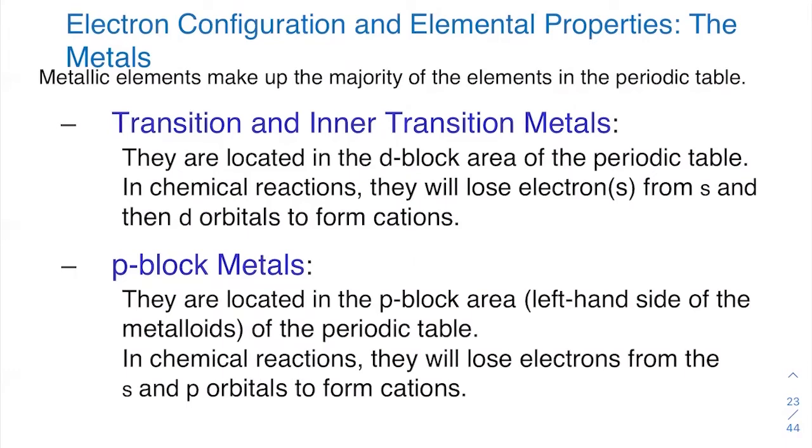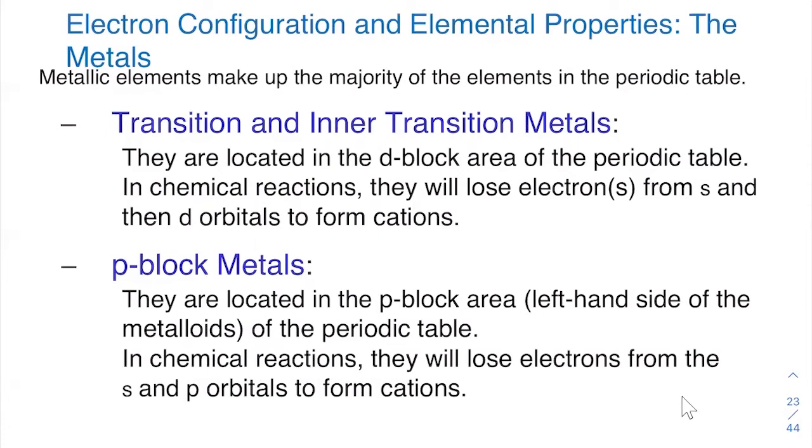Their reactivity is very, very unpredictable. So when we think about those transition metals and inner transition metals, we want to be very careful with predictability there. We can start to understand their electron configurations, but again, it is very, very difficult.